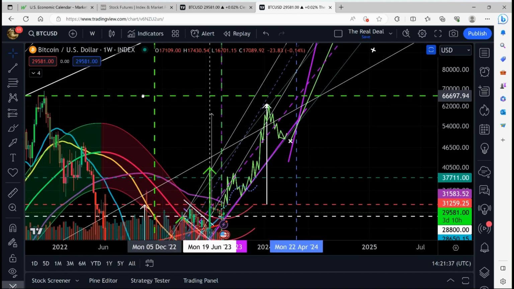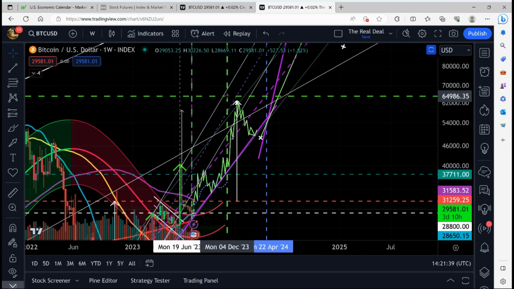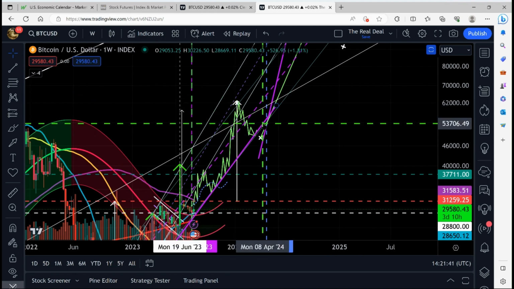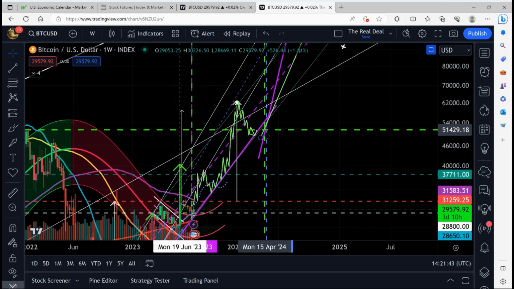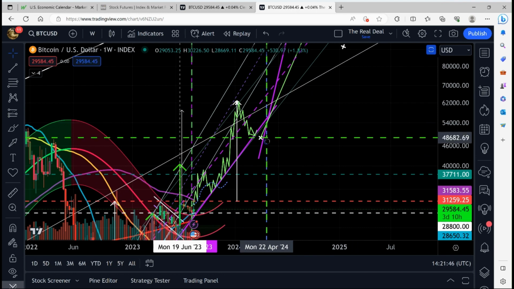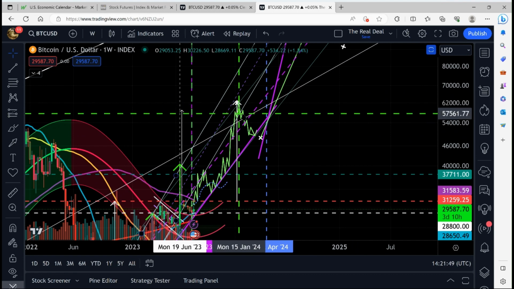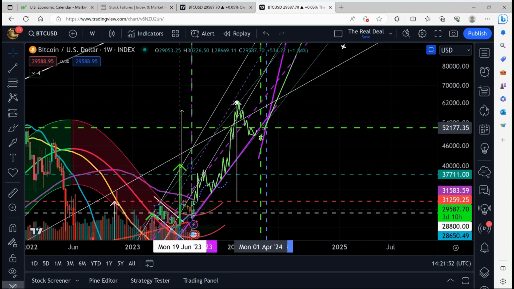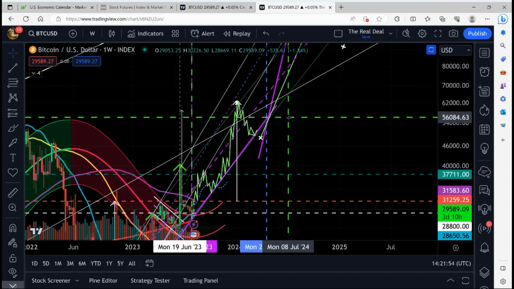And then what we'll do is pull back into the halving. Maybe not this much, but I think we'll just kind of go sideways and downwards into the halving. But that's getting way, way out there. So let's leave it there.